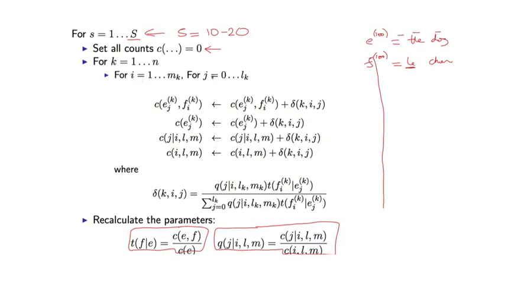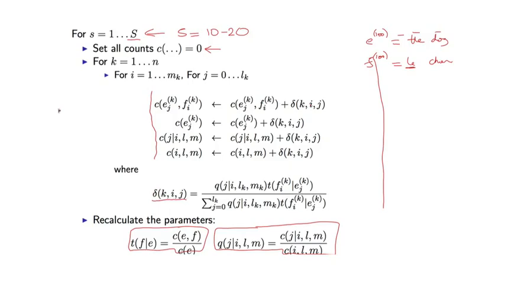So we have a loop over i and j. And then again we have these updates to our counts, which are actually identical to the algorithm I showed you previously. So we have updates where c equals c plus delta. The critical difference is in how these deltas are calculated.